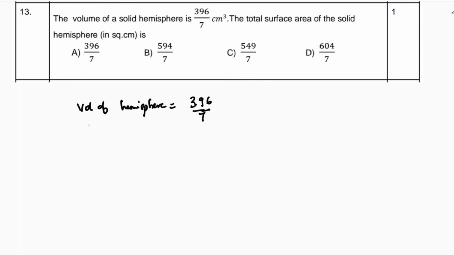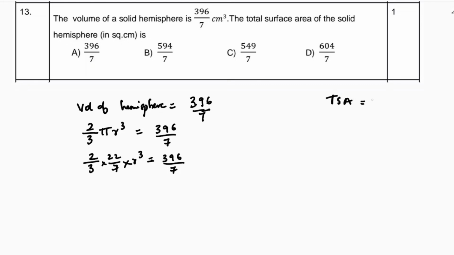The volume of hemisphere formula is 2 by 3 pi r cube. 2 by 3 pi r cube is 396 by 7. So 2 by 3 times 22 by 7 into r cube is 396 by 7. We need to find the total surface area of the hemisphere, which is 3 pi r square. So I'll get the value of r from here and substitute over there.